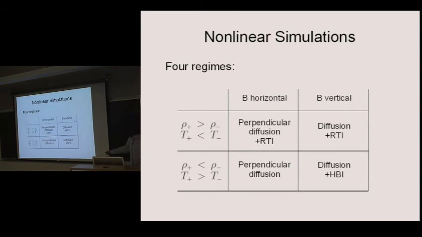If you're Rayleigh-Taylor unstable, you get the Rayleigh-Taylor instability at late times, diffusion wins at early times, and if you are Rayleigh-Taylor stable, then for the vertical magnetic field, you have the Heat-Flux-driven buoyancy instability, the HBI, which reorients you into a horizontal magnetic field.